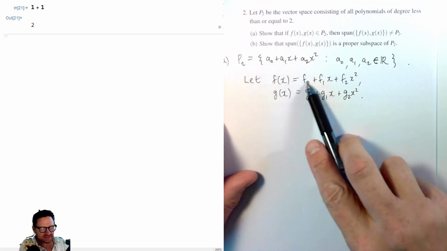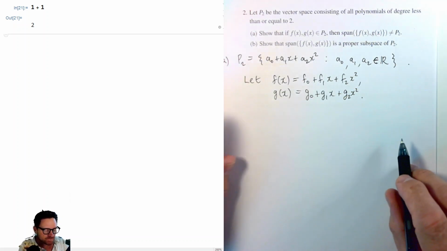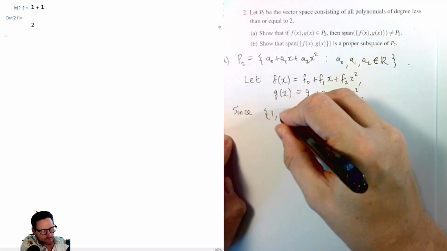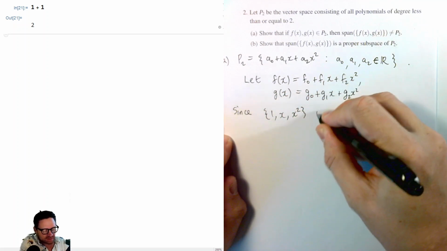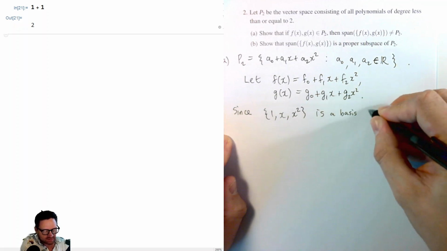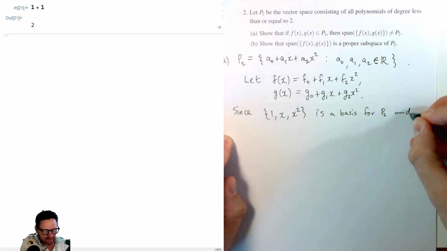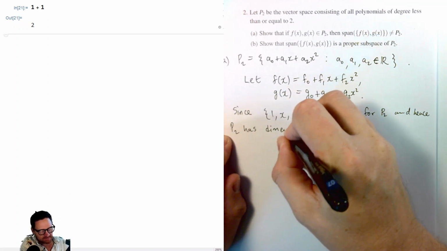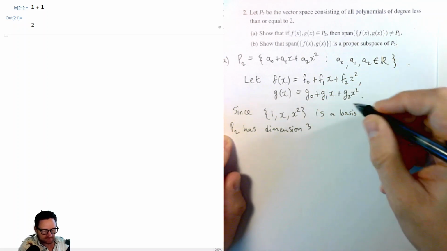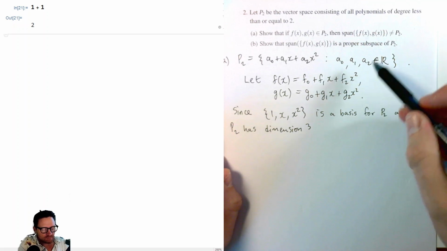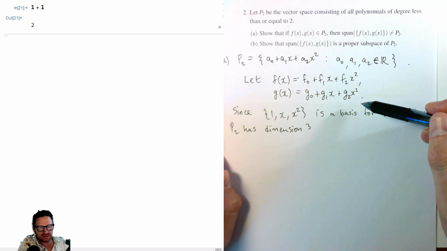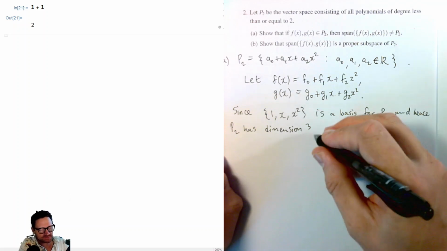Now we can clearly see, since this requires 3 components, and let's say this specifically, since 1, x and x squared is a basis for P2, and hence P2 has dimension 3, but we see here if we only have 2 vectors, f and g, then the span of f and g can have dimension 2 at most.